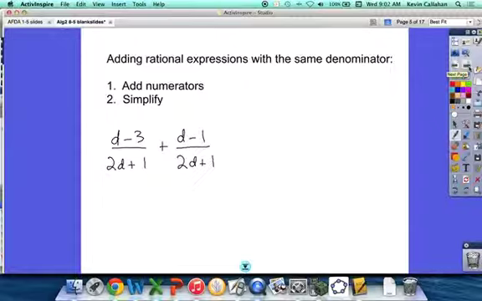In this problem, that's the same denominator, which means that when you add them up, it'll be 2d plus 1 in the denominator, and now you got to add the numerators, which will be 2d minus 3 plus negative 1, minus 4. What's that? You don't change the denominator.